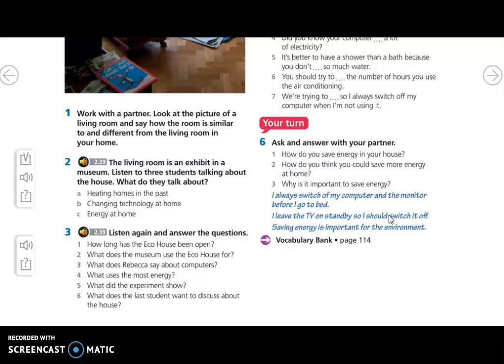The house is used to show people how we live and how the way we live affects the environment. So they showed us how much energy is consumed in the house by different things, like the computers, the lights, and the heating. For example, when a computer is left on standby, it still uses energy, although we think we've switched it off. They explained to us that a lot of energy is wasted when we leave things on standby. They also talked about the different experiments they've done.